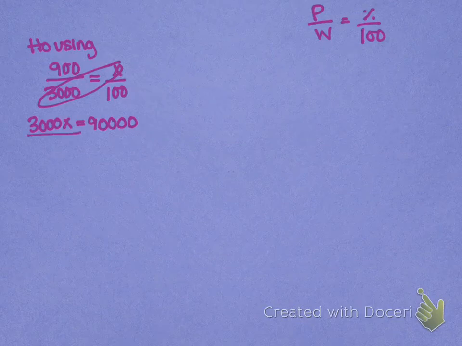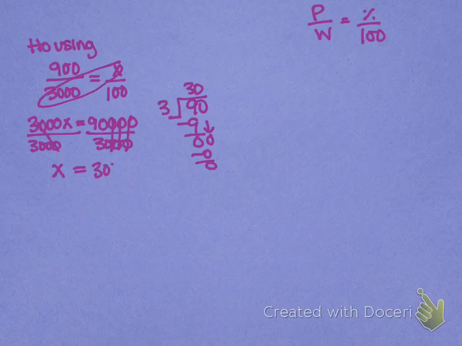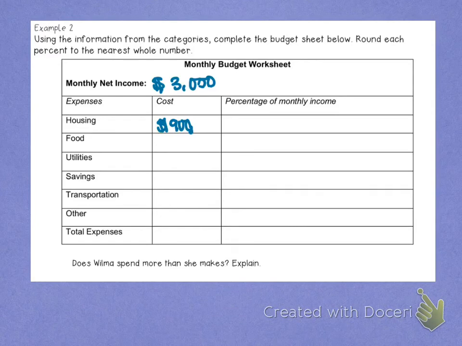So I divide by 3,000, divide by 3,000, and x equals, so 90, I could do simple and do 90 divided by 3, because those zeros will cancel out. 90 divided by 3 goes in 3 times, minus 9, bring down your 0, goes in 30 times. So that would be 30%. So I'm going to go back to this and give it a percentage of 30%.